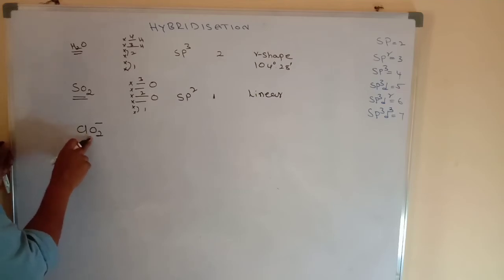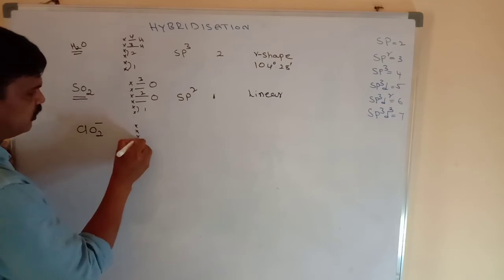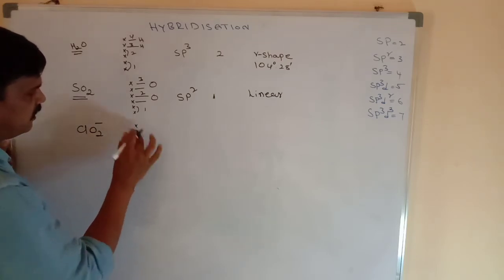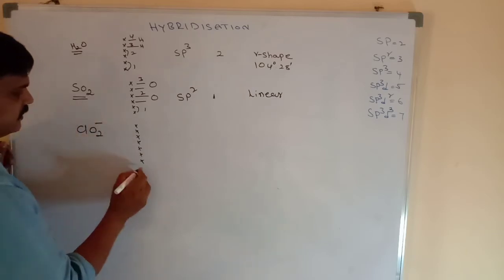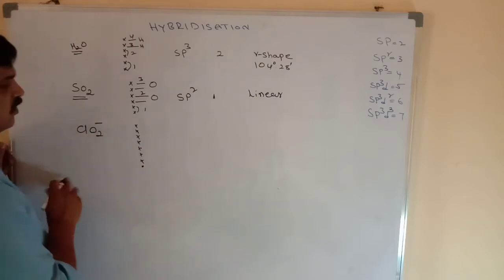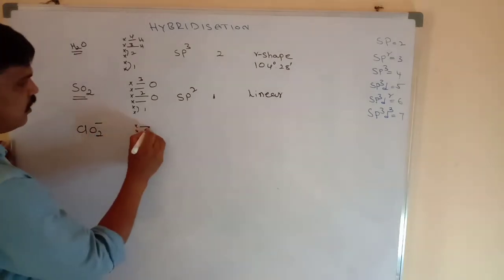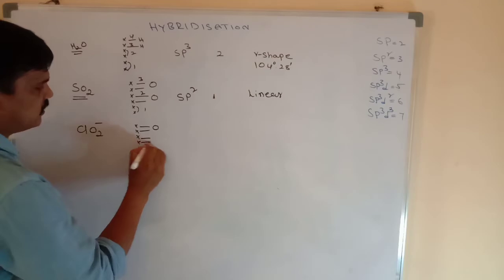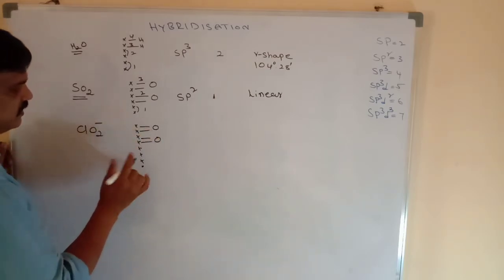Now in ClO2 minus, which type of hybridization does chlorine undergo? Chlorine belongs to the 7th group, so write 7 dots. A negative charge is there, so I take one more dot. How many oxygens are there? Two oxygens, each bonding with a double bond, so take two dots for each oxygen.